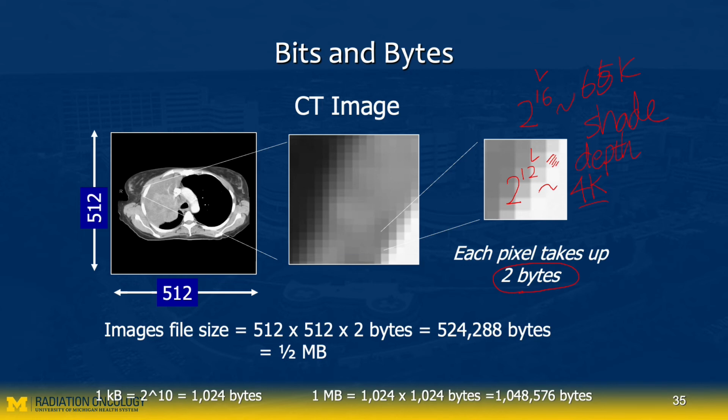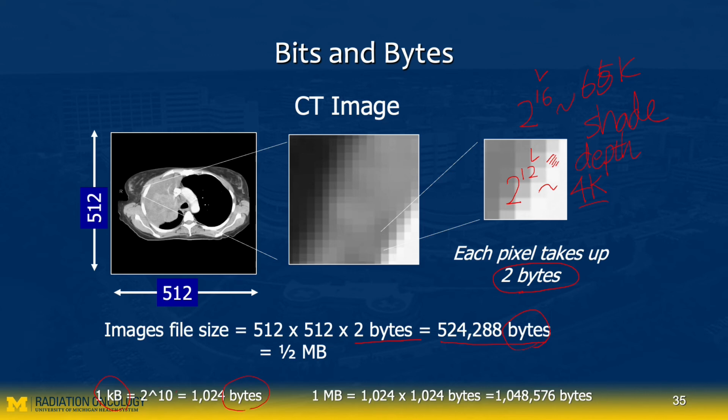I explained that in the previous slide. So this 1 slice of CT is 512 by 512, each requiring 2 bytes of storage. So that is this many bytes. How do you convert bytes into kilobytes or megabytes? It's not just 1,000. 1 kilobyte is 2 to the 10 bytes.